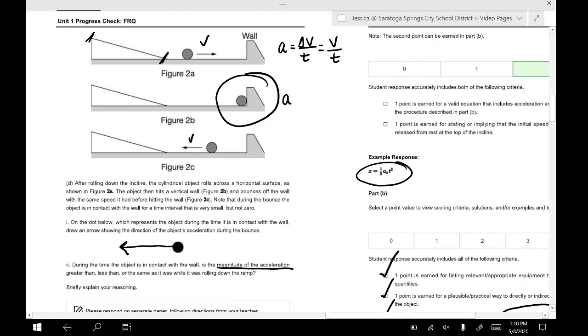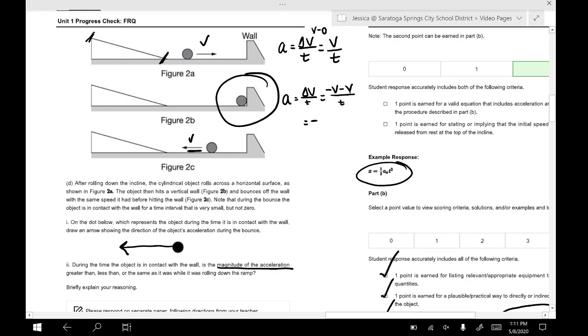Our acceleration when we hit the wall is again going to be delta v over t, but this time t is very, very small. So we're dividing by a very, very small number. And in addition to dividing by a very, very small number, instead of doing v minus 0 like we did before, we're actually going to do negative v minus v, negative because we're moving leftwards, v because our initial velocity before we hit the wall was v, over that tiny t.